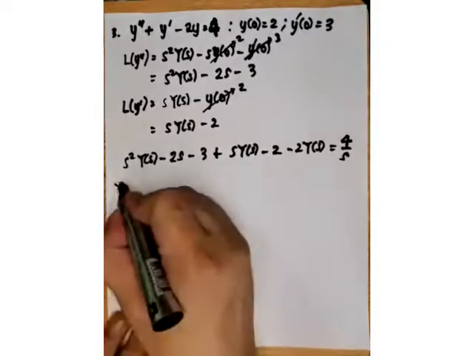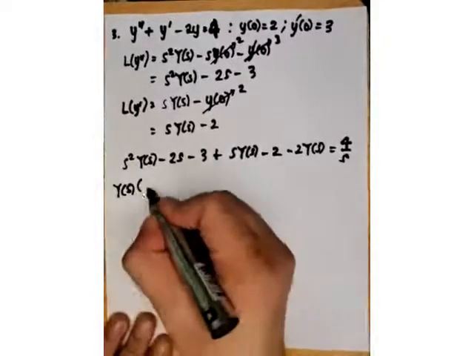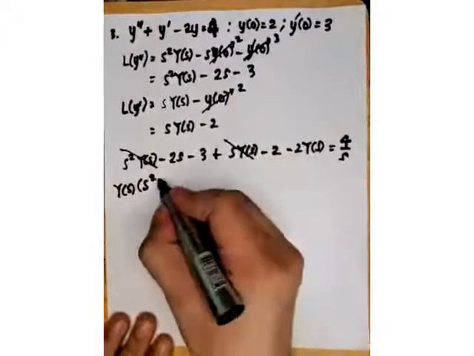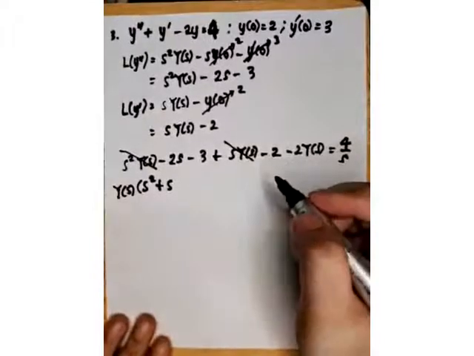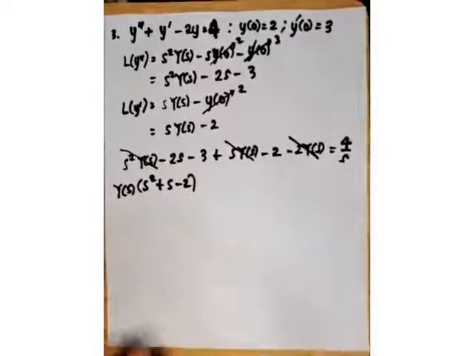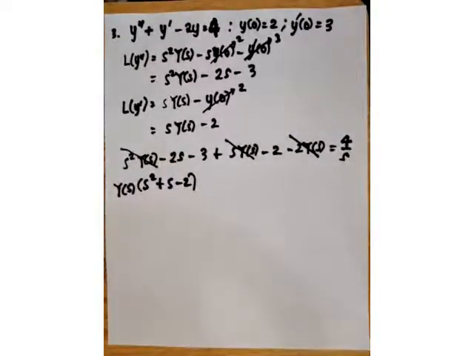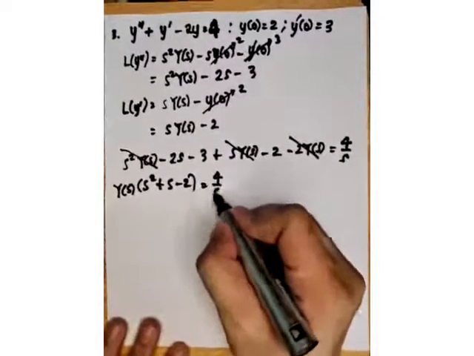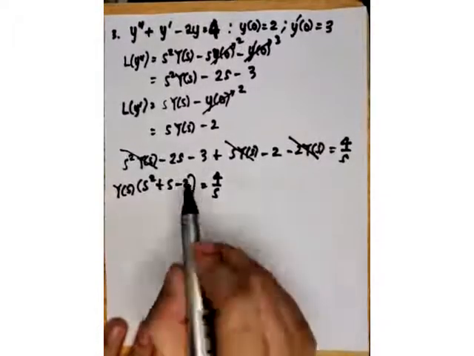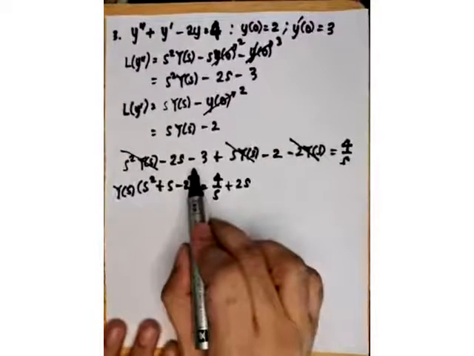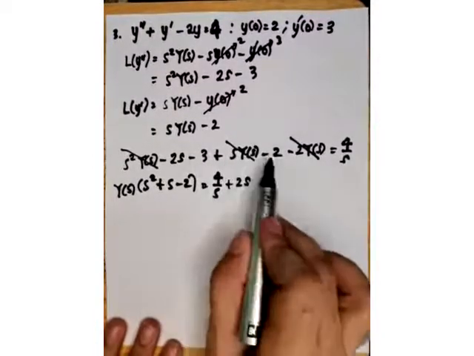So magiging Y of S times S squared plus S minus 2 plus S minus 2. Okay, so that's equal to 4 over S. Tapos i-transpose natin ito. So plus 2S and then plus 5.